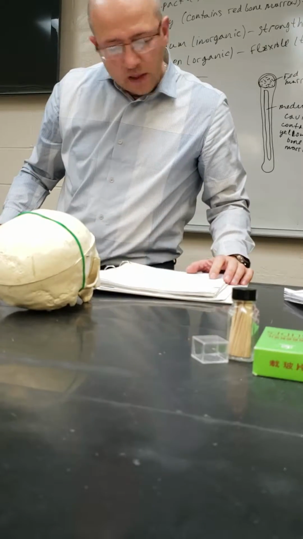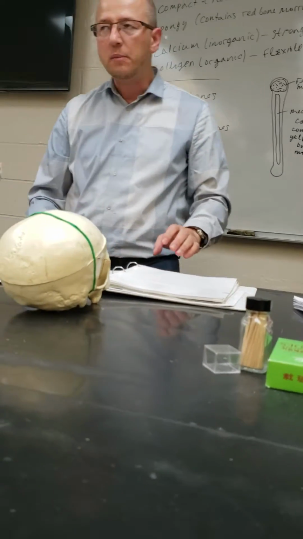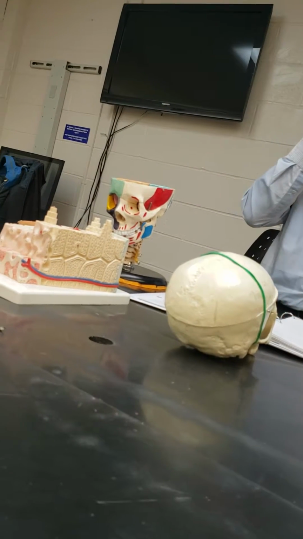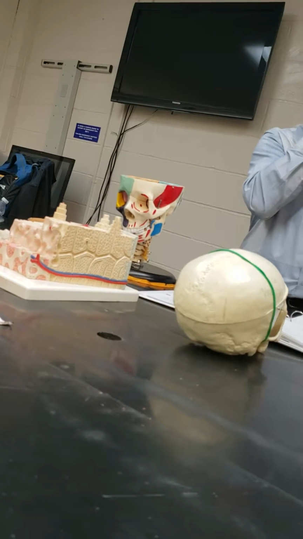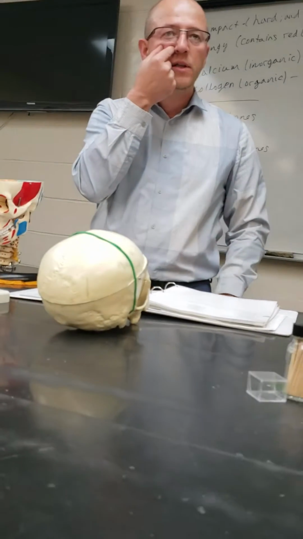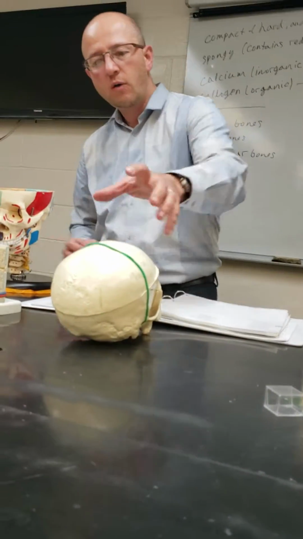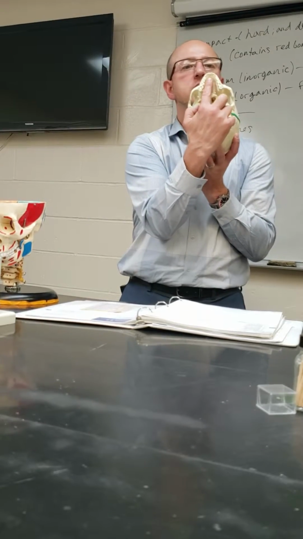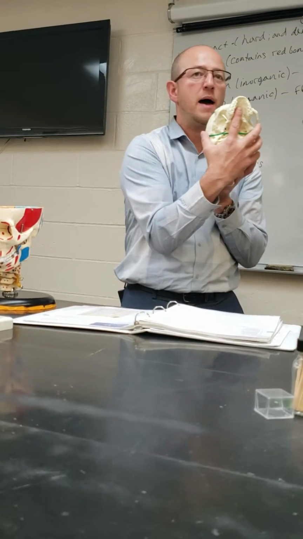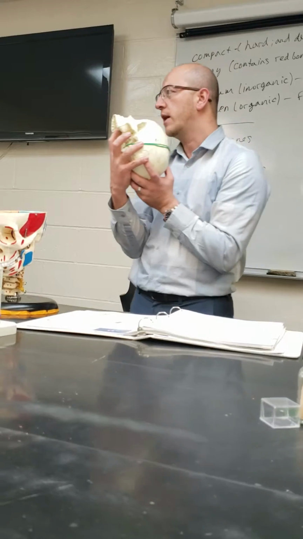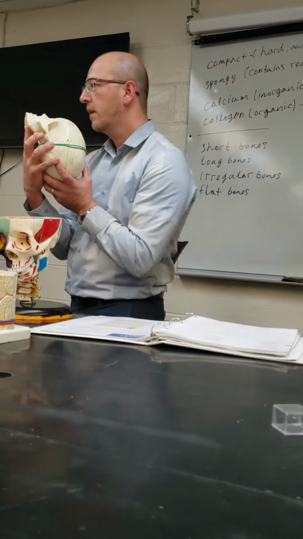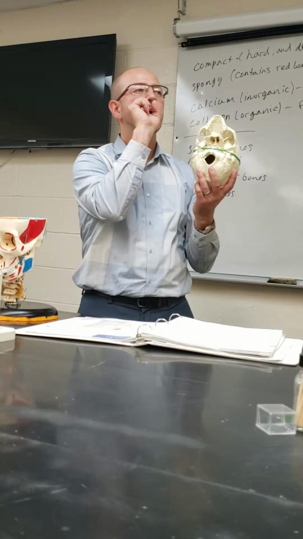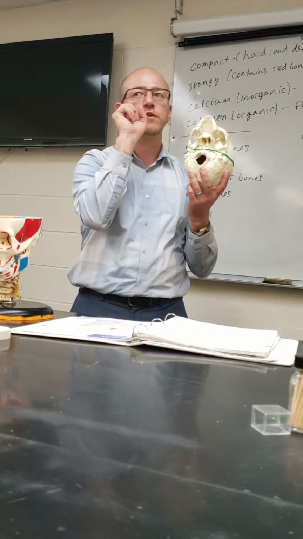Maxilla. So the maxilla has a couple of processes. The first one I already told you about, this little process here, the one that connects to the zygomatic bone, the zygomatic process of maxilla. But also, if you look behind the teeth, you see this surface here? That's your palate. So that's the palatine process of maxilla, right? So if you just keep on pushing that way, at some point you will feel the soft palate.